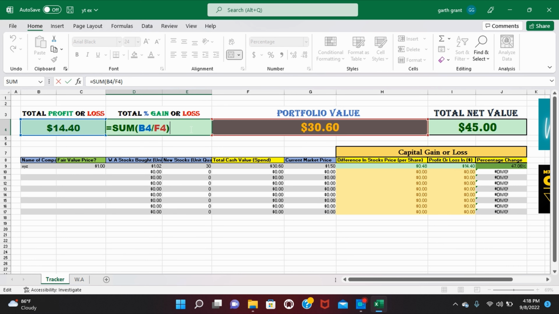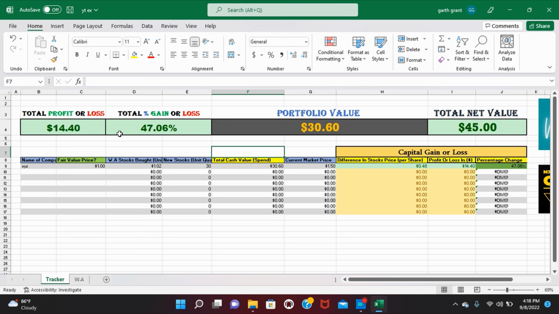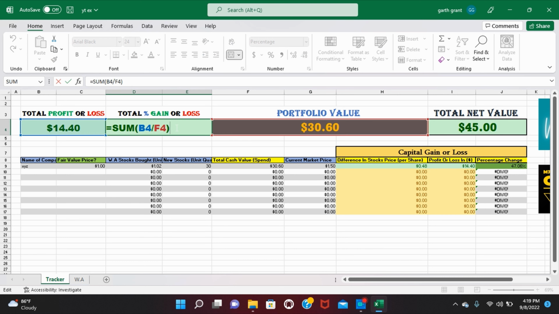And then the total percentage gain would be this and this, which is really just B4 over F4.